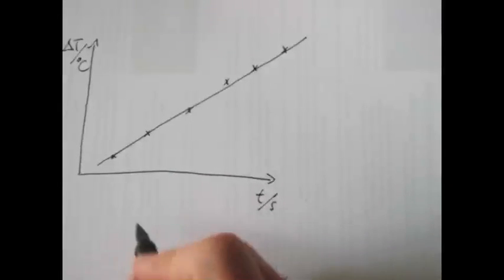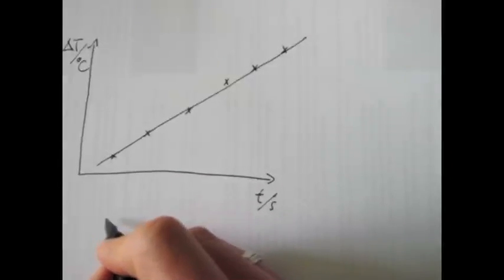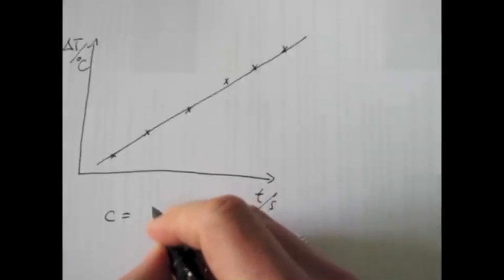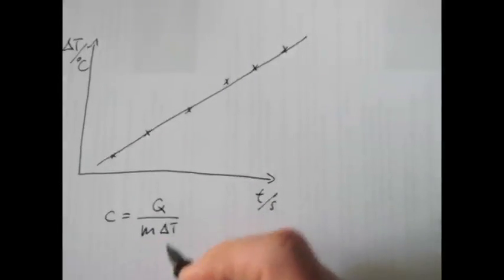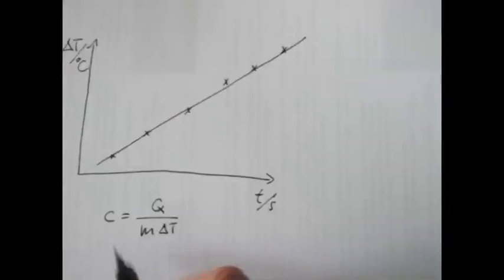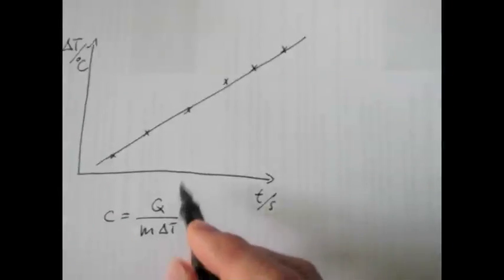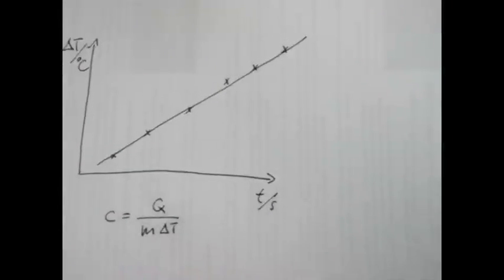Now if we look back at the formula that we had, C is equal to Q over M delta T. That means to find C, now I need to see how I can actually get the gradient from this graph to give me C. Well, C is equal to Q over M delta T.